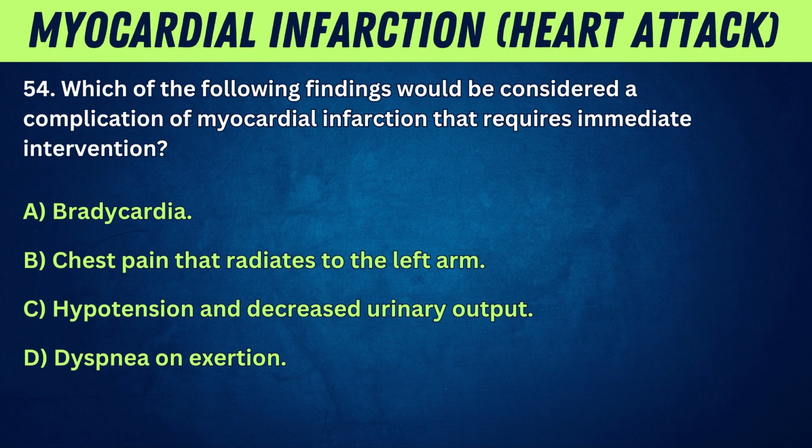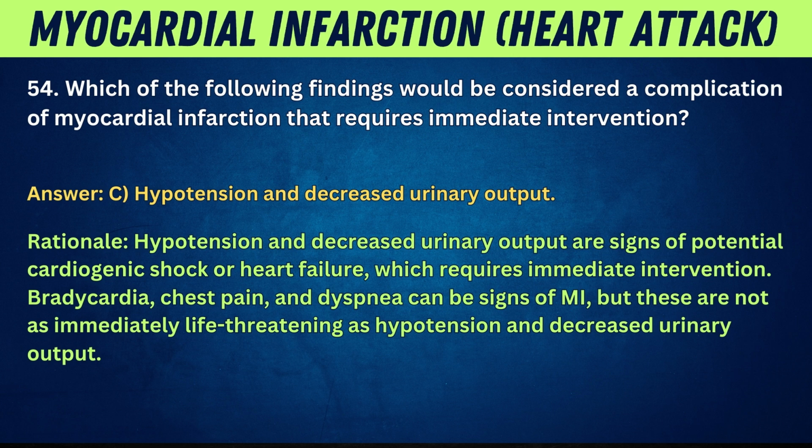54. Which of the following findings would be considered a complication of myocardial infarction that requires immediate intervention? A. Bradycardia. B. Chest pain that radiates to the left arm. C. Hypotension and decreased urinary output. D. Dyspnea on exertion. Answer: C. Hypotension and decreased urinary output.